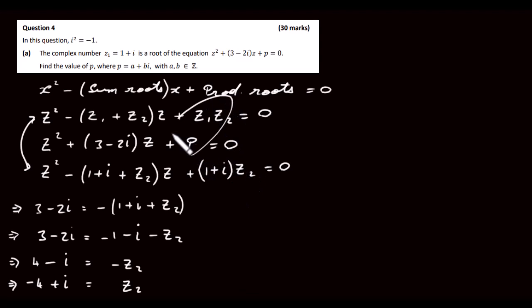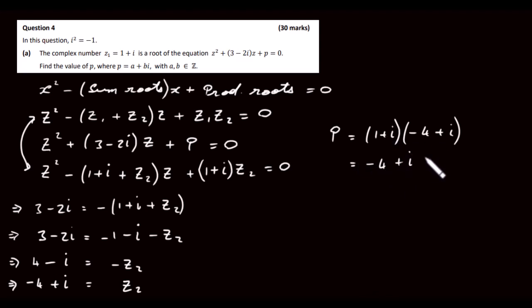Okay, so once we have our second root here, we can use this part here. So we know that p is going to be equal to 1 plus i times z2. We now know what our z2 is. It's minus 4 plus i. So let's just multiply that out. So it's 1 times minus 4 is minus 4, plus i, minus 4i, plus i squared.